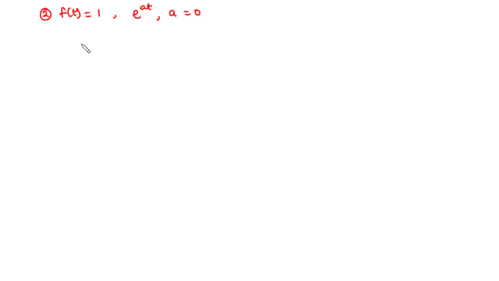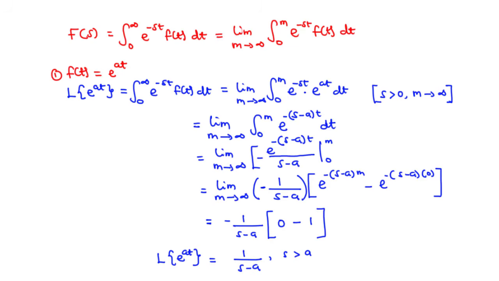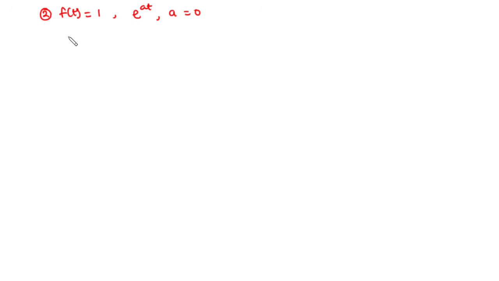Now to find the Laplace transform of this function, we are going to use the transform we had for the previous function. We had the Laplace transform of the function e to the power at equal to 1 over (s minus a), where s is greater than a.